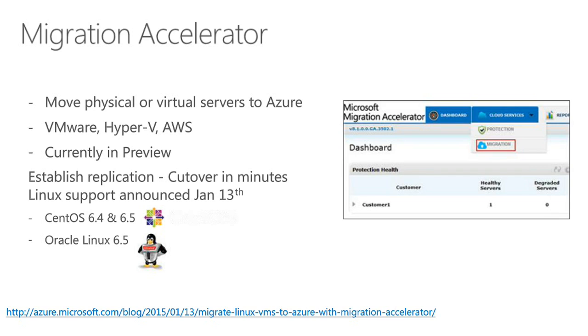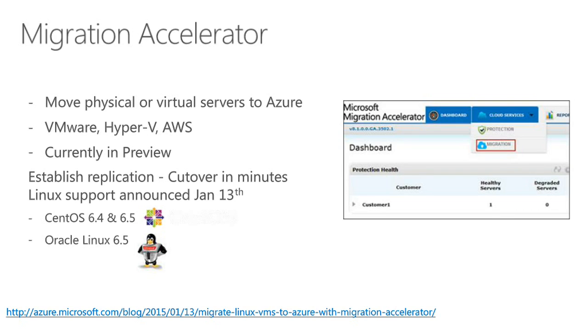And it's a very simple tool, very intuitive, that allows you to do simple migration. It's currently in preview, but it supports the following Linux distributions: CentOS 6.4 and 6.5, and Oracle Linux. And the technology allows you to enable replication that can set up this relationship between your source virtual machine and your target virtual machine running on Linux.